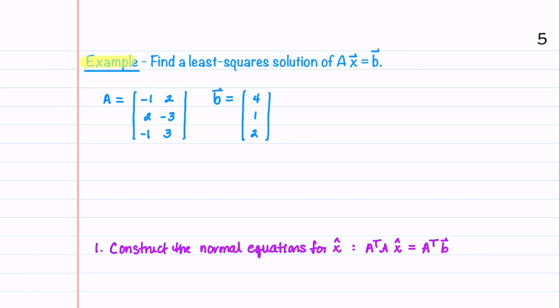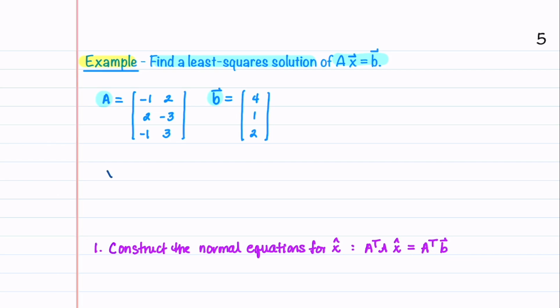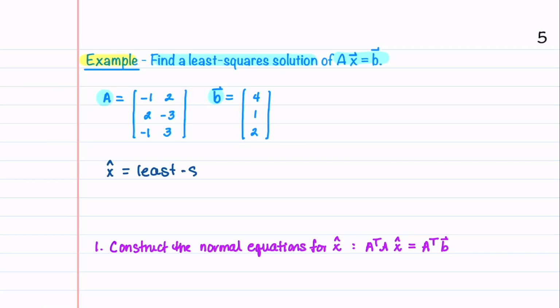Let's walk through an example where we're going to find a least squares solution of A times x is equal to b. We're given a matrix A and our vector b. Let's call x hat our least squares solution, and this is an approximation to our vector x.